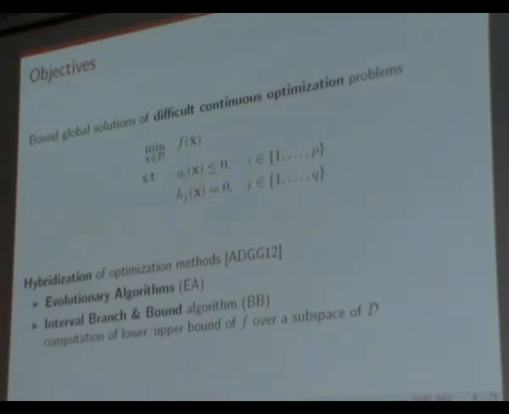To this end, we are currently developing a hybrid optimization method that combines a stochastic search with evolutionary algorithms and a deterministic search with interval branch and bound algorithm. And this latter requires the computation of both lower and upper bound of the objective function over a particular subspace.